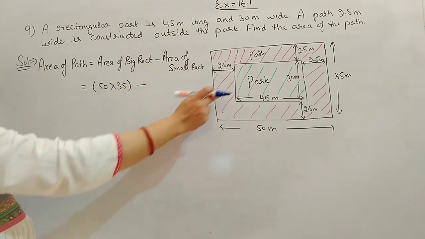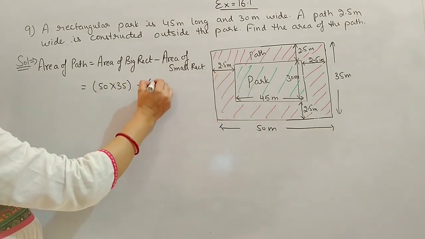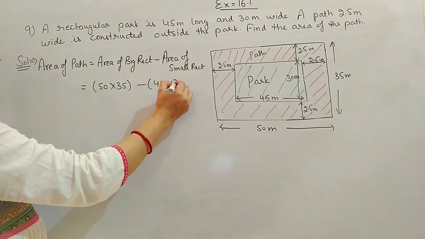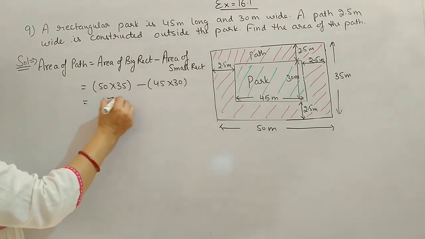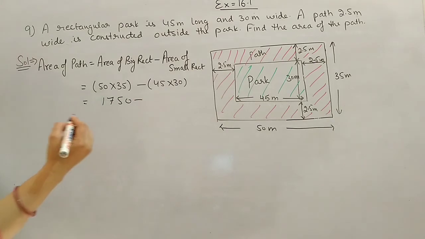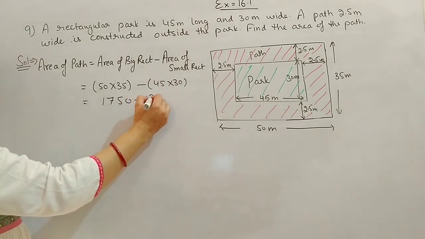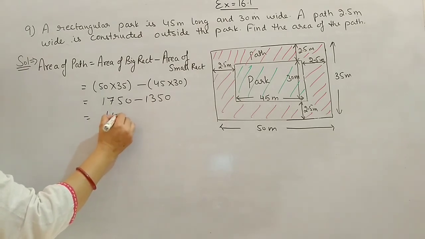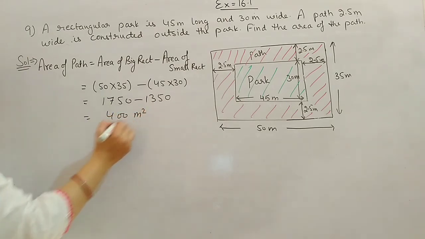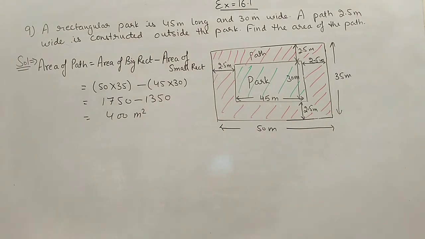And area of small rectangle, which is the park, is 45 into 30 meter. Then we have to multiply this. It will come 1750 minus 1350. So subtract it, you will get here 400 meter square. It means the area of path is 400 meter square.